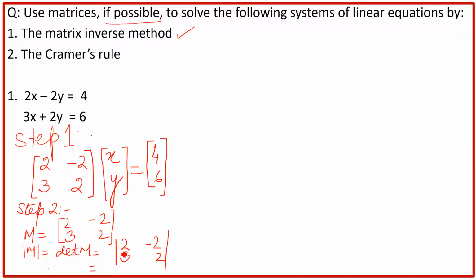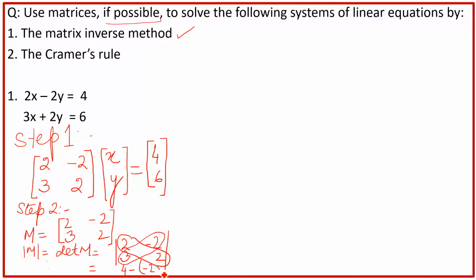How will we take the determinant? First of all, you have to multiply these diagonal elements: 2 times 4. Then there is always a negative sign, but we also have negative 2, then you have to multiply this. Keep in mind, always first this, then this. Do not multiply first this and then this. Then there is always the negative sign, but we have one negative sign here as well.